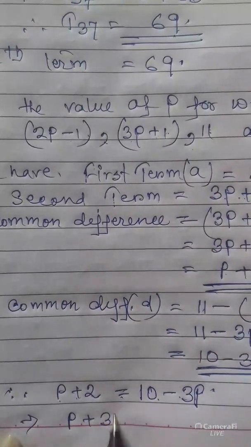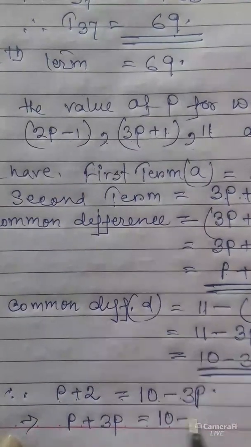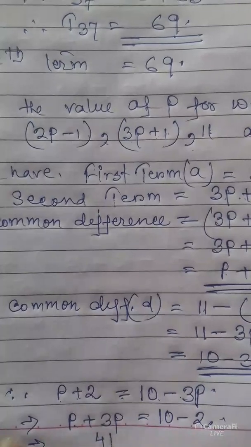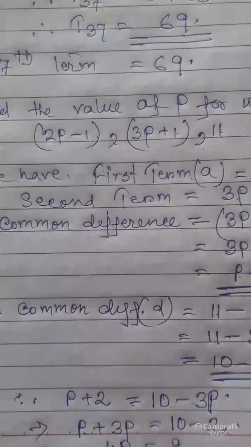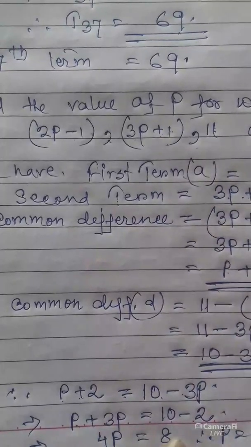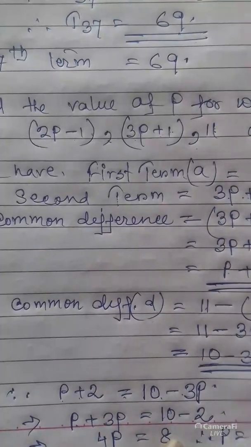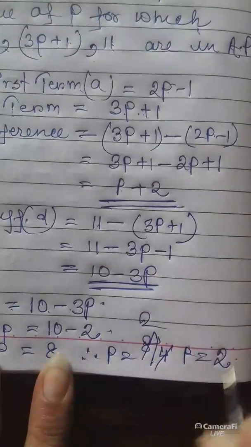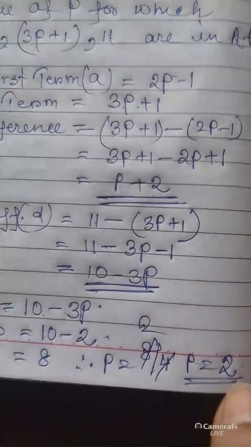P plus 3P equal to 10 minus 2. 3P plus P means 4P equal to 8. Therefore, P equal to 8 by 4 means 2. So, value of P equal to 2.